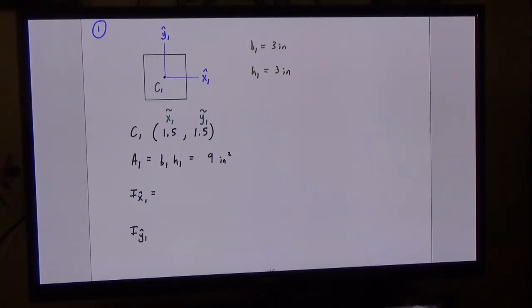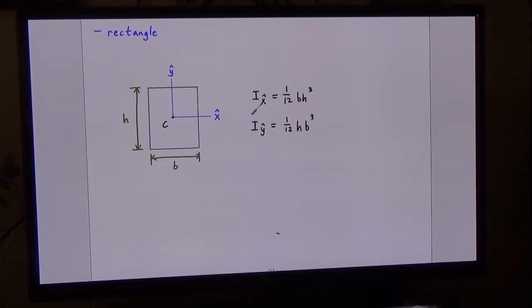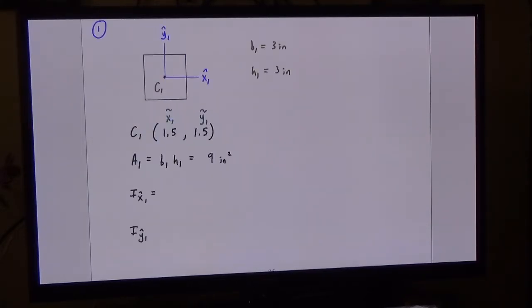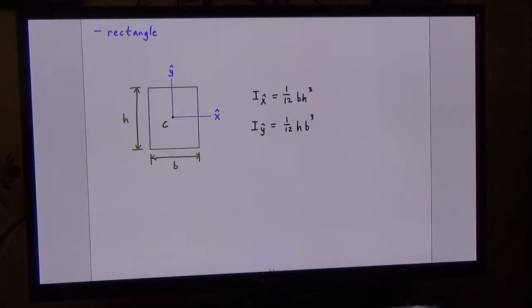For I about x hat, I go to my reference figure. I about x hat for a rectangle is 1/12 bh cubed. So I just literally copy that down, 1/12 bh cubed, and calculate it for my b and my h of the part, which gives me 6.75 inches to the 4th. For I about y hat, again I use my reference.